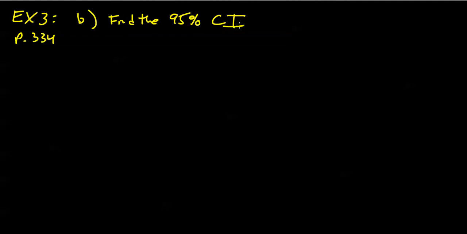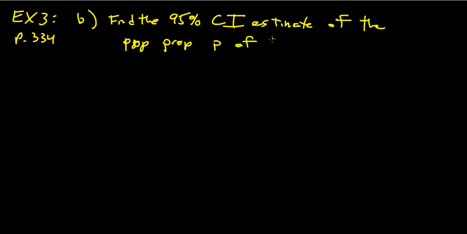Find the 95% confidence interval estimate of the population proportion P, where P is the population proportion of those who believe in global warming. Population proportion P, let me write this down somewhat informally. I'll say global warming believers. Okay?